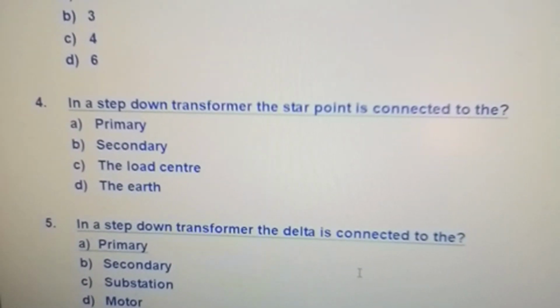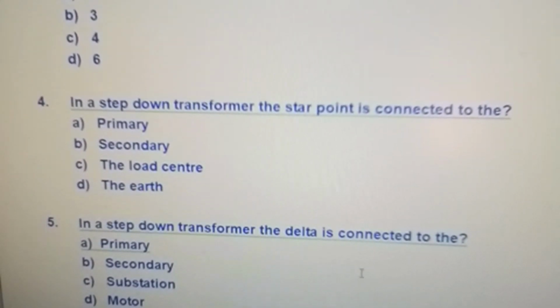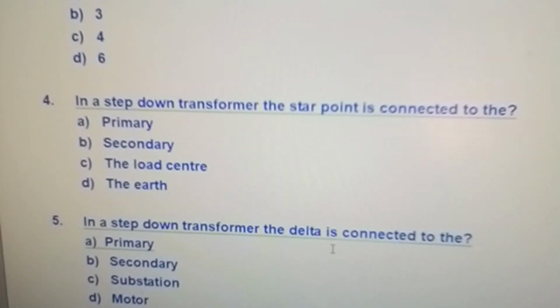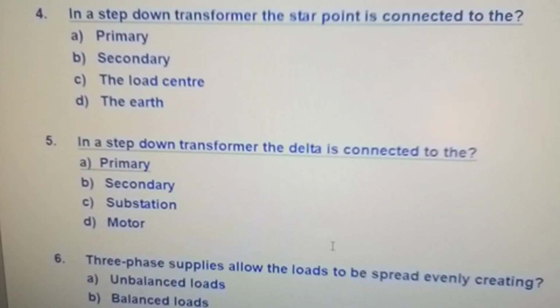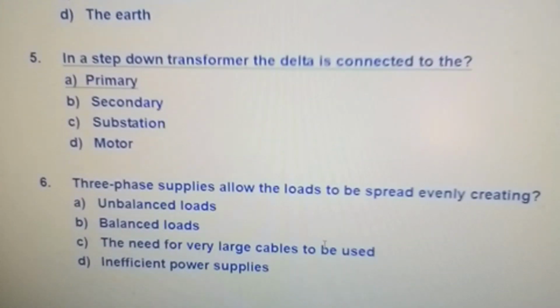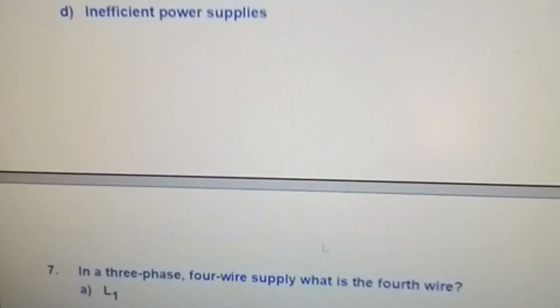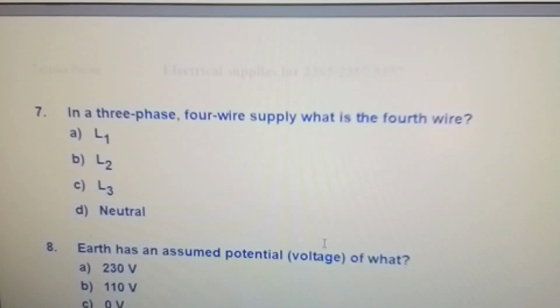In step-down transformers, the start point is connected to what point? In three-phase 4-wire supply, what is the 4th wire?